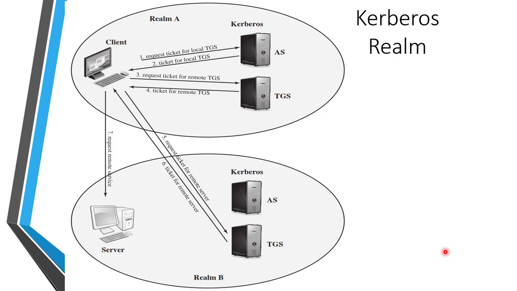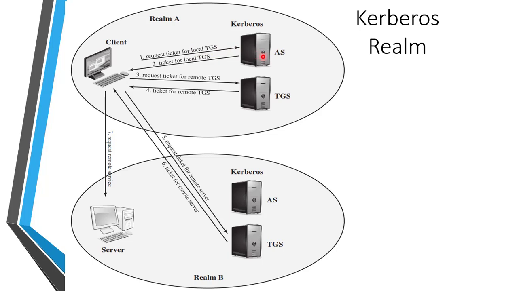Now we will see Kerberos Realm. As seen in Kerberos version 4, here two networks are there, with the client in Realm A and Realm B. Here this client wants to access the server of the other network. So first of all, the client will request the ticket for the local TGS from the authentication server.